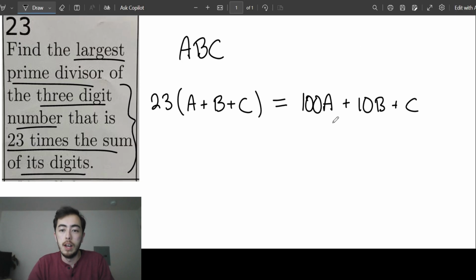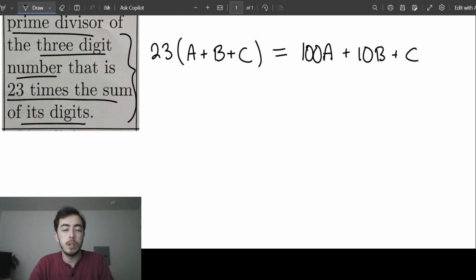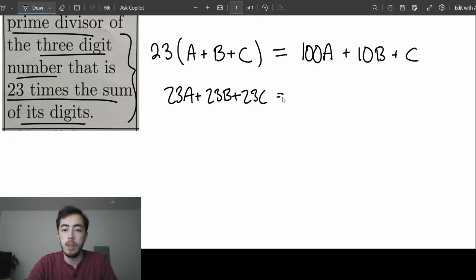Okay. And maybe here we could try expanding the left side. And then let's try to collect up some of our like terms. Given that we're working with digits today, A, B, and C can only be the whole numbers 0 through 9.